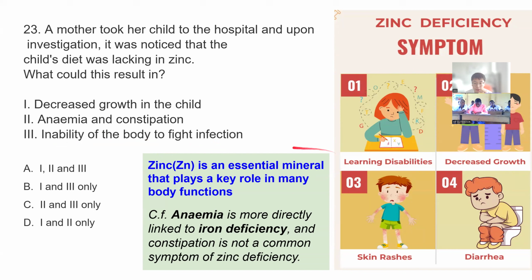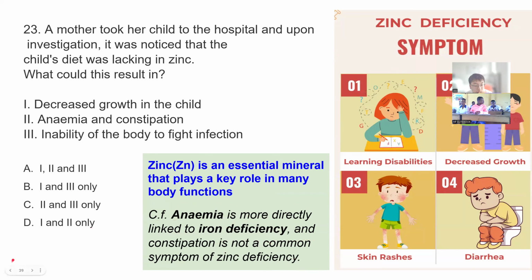So I have given a hint here on the right. If you can read it, it says zinc is an essential material that plays a key role in many body functions. But anemia is more directly linked to iron deficiency, and constipation is not common.